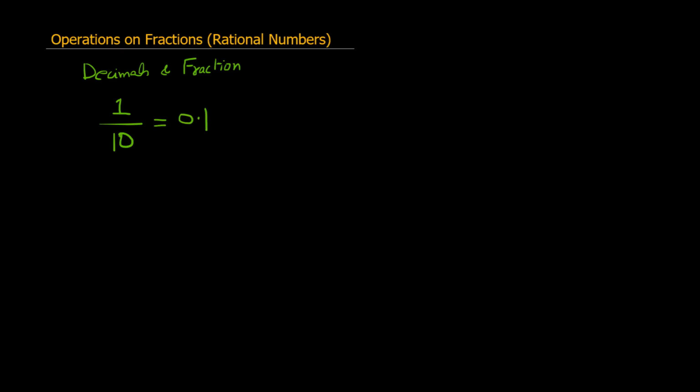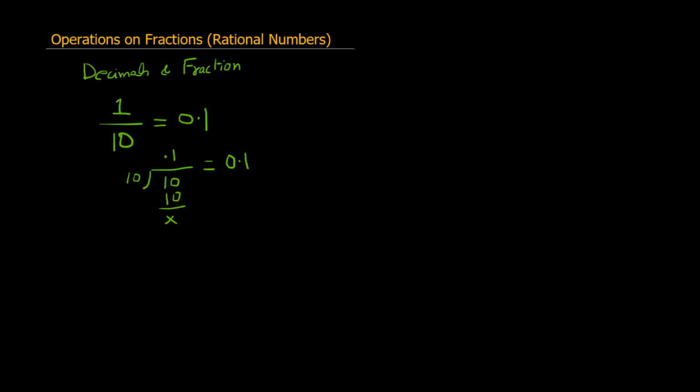And the way we get it is you divide 1 with 10. Since 1 is smaller than 10, we have to put a decimal point here, and then we can put 0 here. And now it's 10. Therefore, this is equal to 0.1.